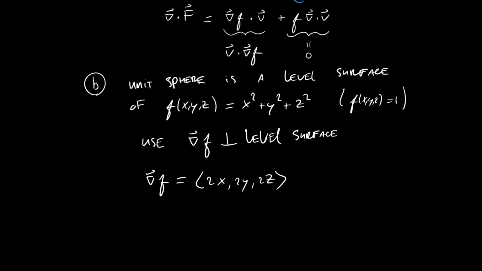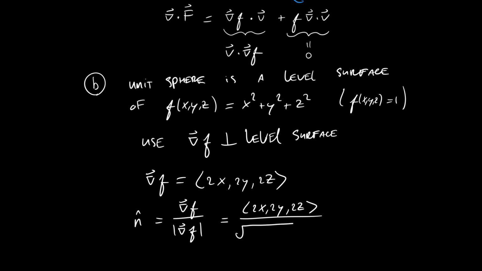All right, and let me start by normalizing this. So the normal vector n now becomes, of course, that gradient divided by the absolute value of that gradient, which is the length. So that's 2x, 2y, 2z, divided by the square root of 4x squared plus 4y squared plus 4z squared.